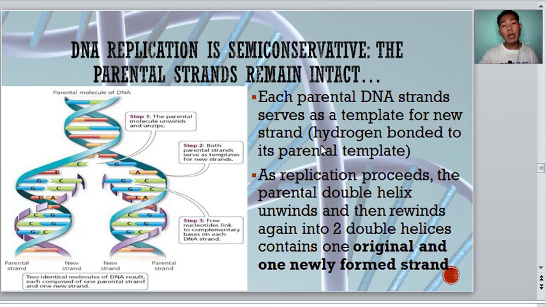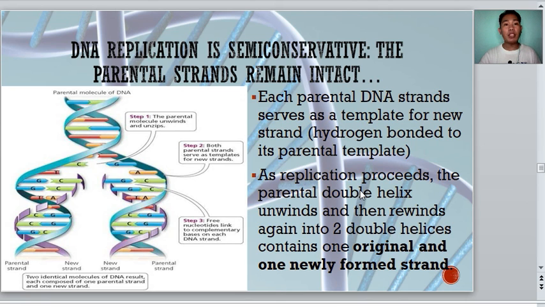And the DNA replication is said to be semi-conservative. So that means the parental strands remain intact. So the parental strands here are still intact. Note that each parental strand serves as a template for a new strand, hydrogen bonded to its parental template.